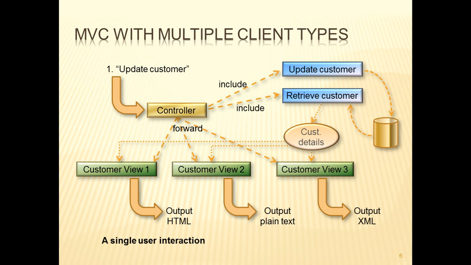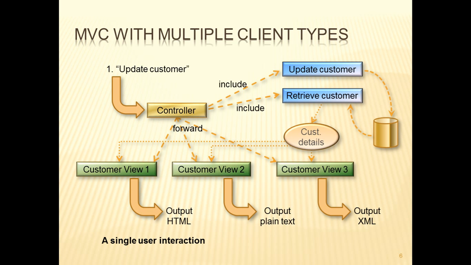Depending on the client type, all we need to do is change which view is invoked for that particular transaction. The model components don't change. The bean components don't change. And this is precisely the reason why MVC is such a useful thing, because we don't have to change the bits that don't need changing.